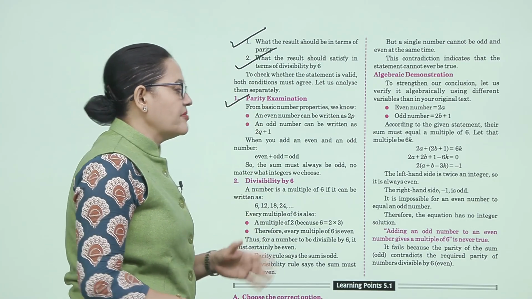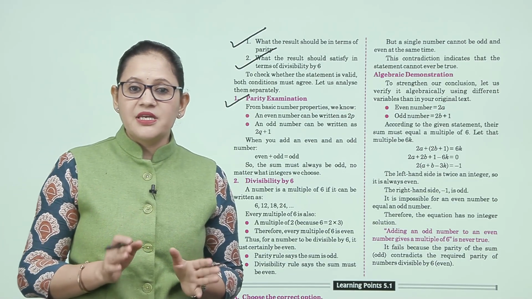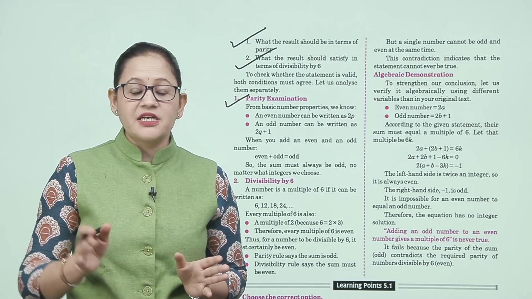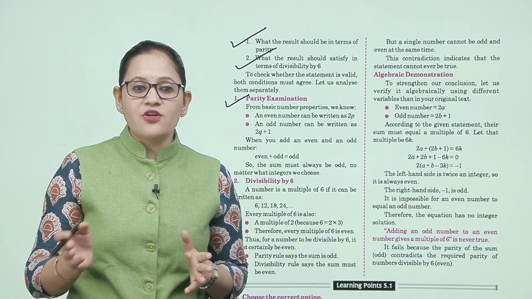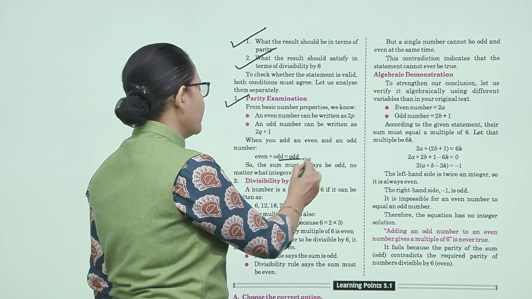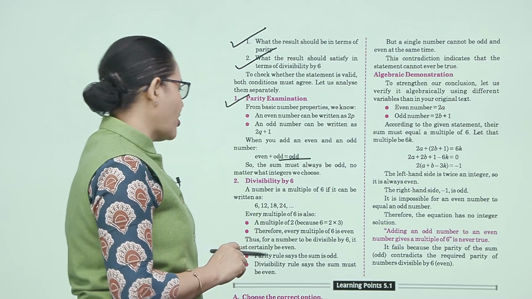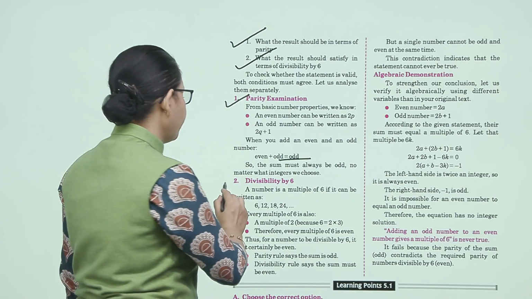From basic number properties, we know that an even number can be written as 2p and an odd number can be written as 2q plus 1. When we add the even and odd number, the result will be odd. So, the sum must always be odd no matter which integers we choose.